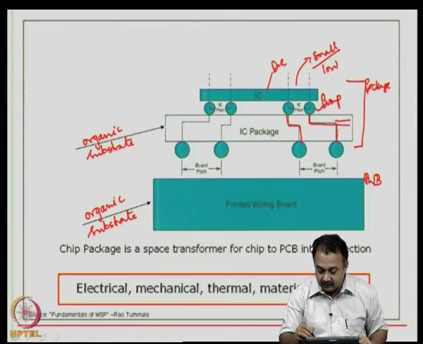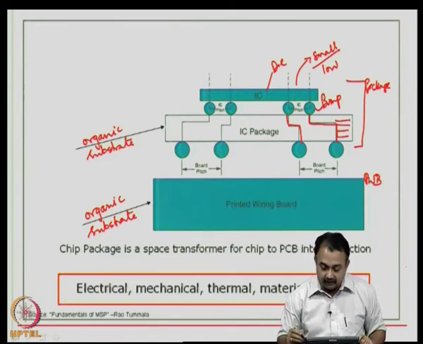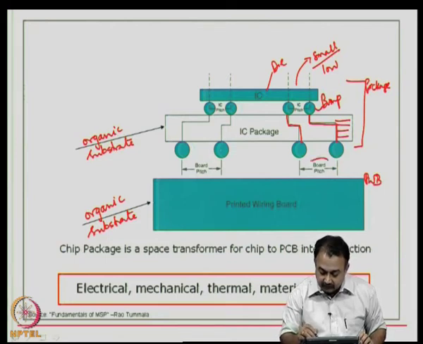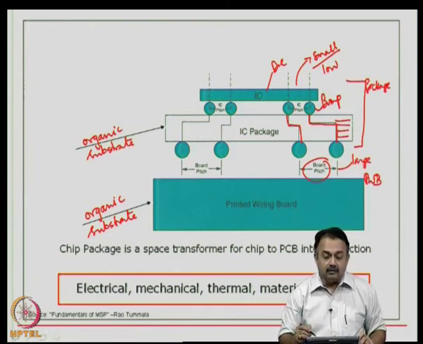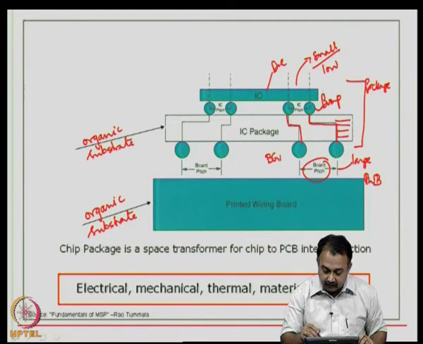So, you can imagine that this package is a multi-layered organic substrate, and through that your pitch has become large, right. So, you are able to fan out the low pitch at the die end to a larger pitch at the back of the package, that is typically a ball grid array package or it can be a CSP package.